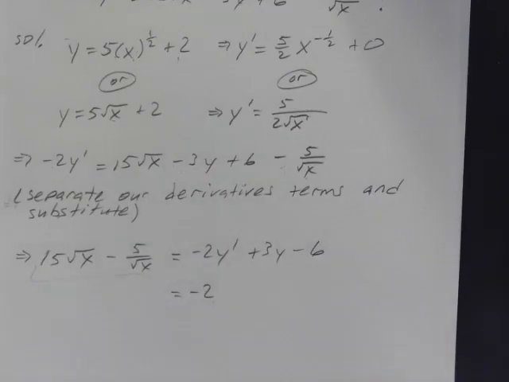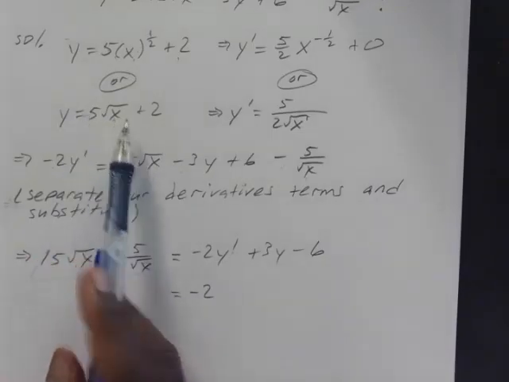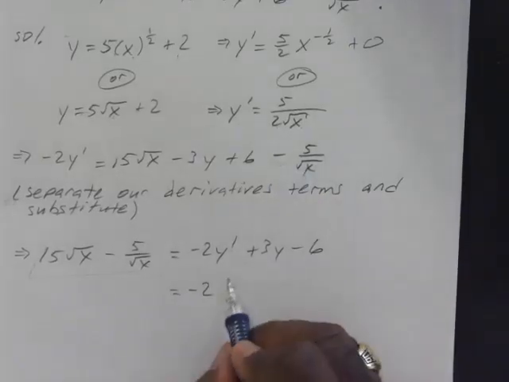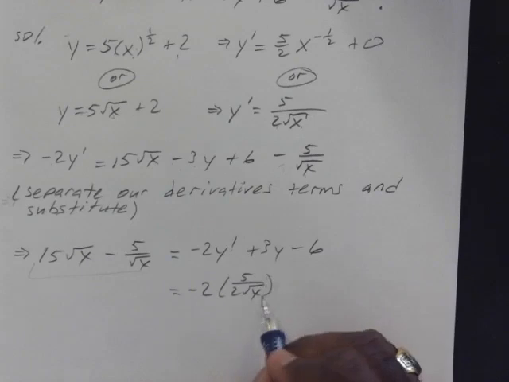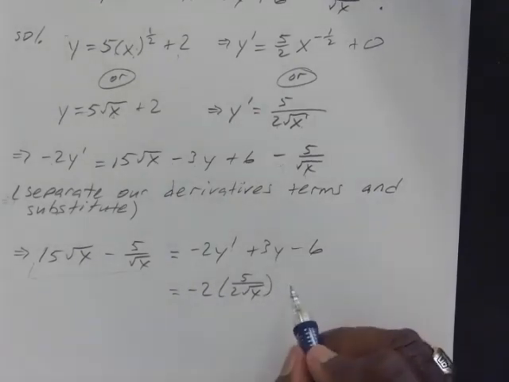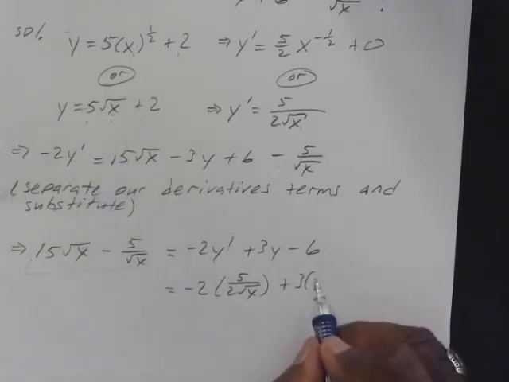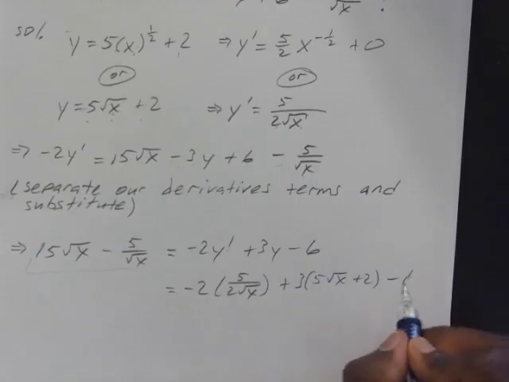So we can have negative 2 times y prime, which is 5 over 2 square root of x, sorry about that. Plus 3y. So plus 3 times y, which is 5 square root of x plus 2. Minus 6.